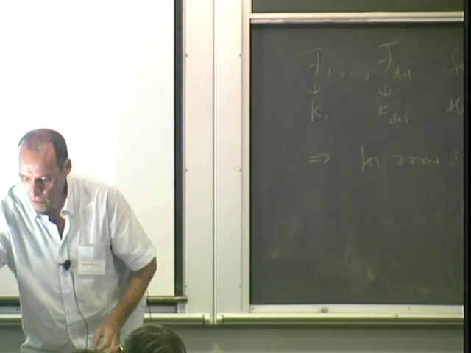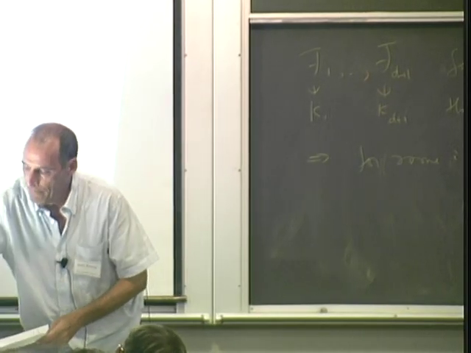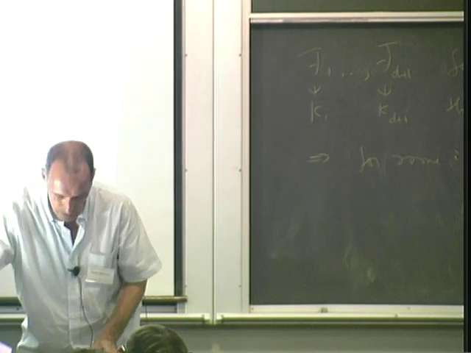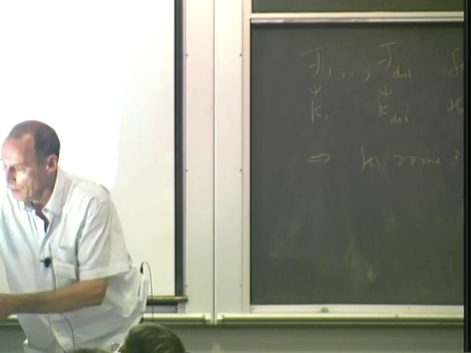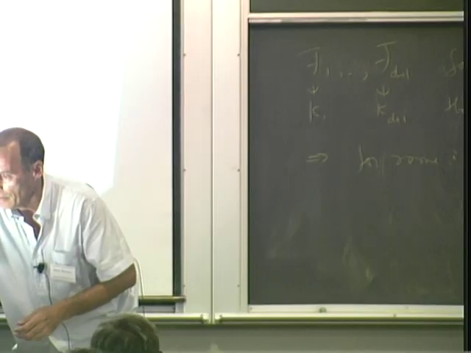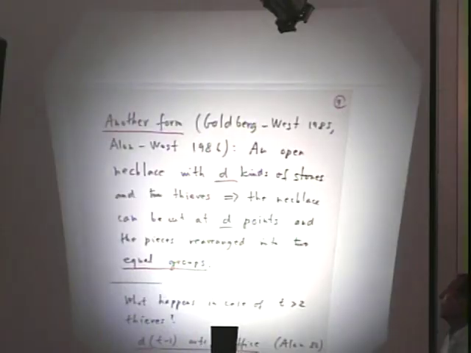Here is another form of the same theorem, discovered by Goldberg and West, and the better proof was given by Alon and West in those years. An open necklace with d kinds of stones, a 0,1 interval with d atomic measures, and there are two thieves, and they want to split it equally between themselves.